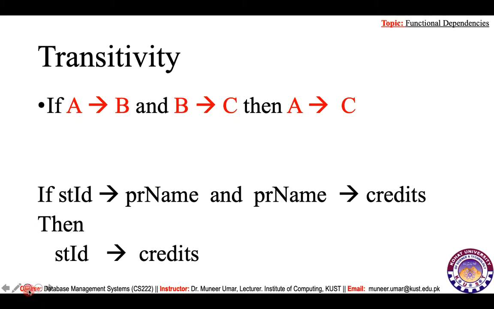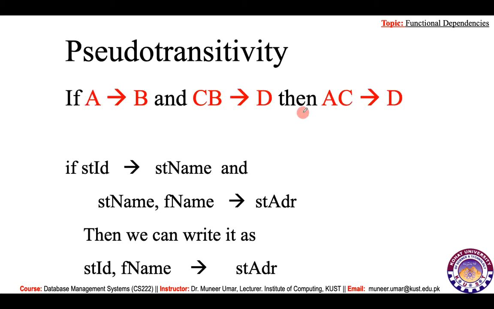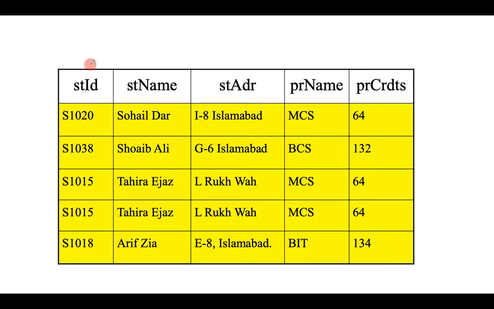Then we have the third rule, that is about transitivity. If A determines B and B determines C, then A will also determine C. So here in this table, let's say student ID is A. It is determining the program name, which is B according to our definition, and program credits are C. So if we know the student ID, then we can get the program name of that student, and if we know the program name, then we can get the credits of that program.